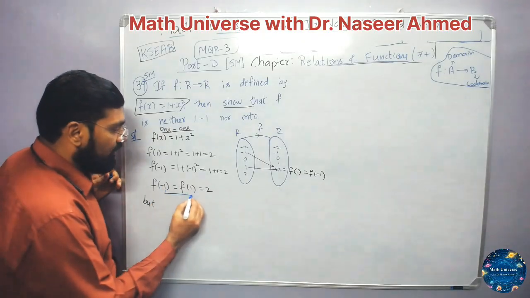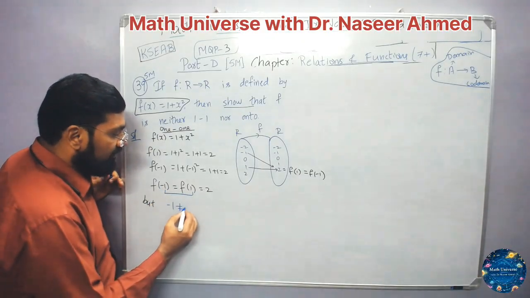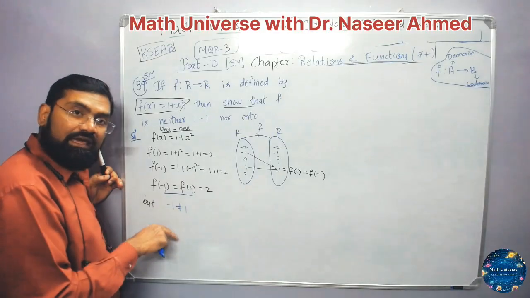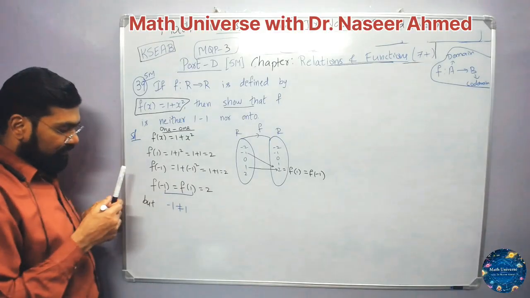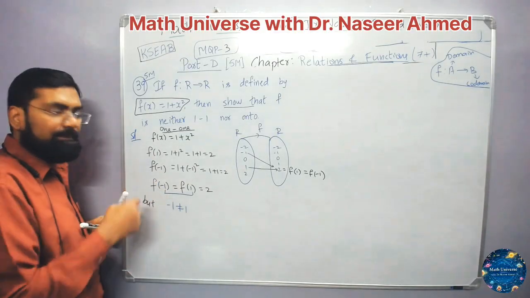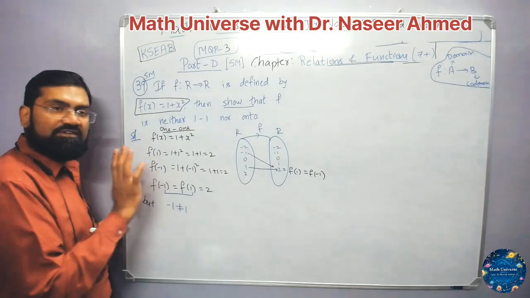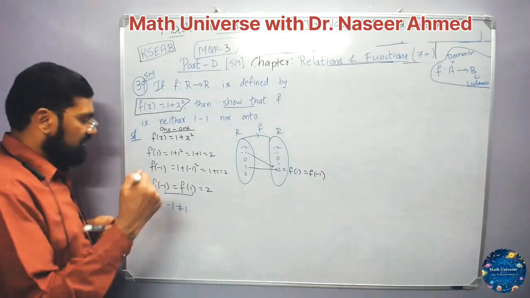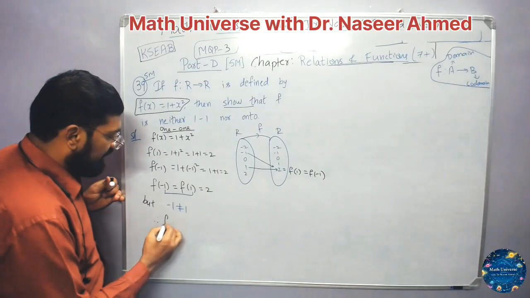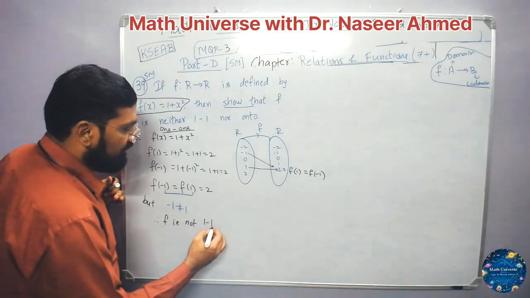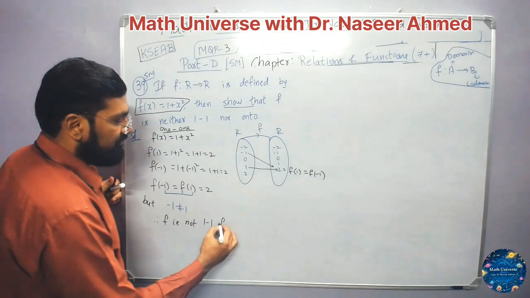These two are not same. For 1-1, if images are same, pre-image should be also same. Therefore, here we have given one example, elements 1 and minus 1, for which the function is not 1-1. So therefore, f is not 1-1 function.